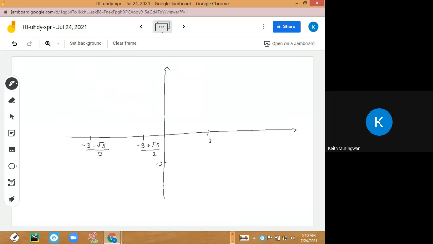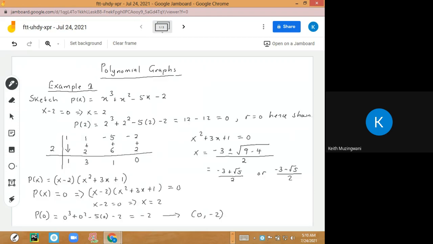So deliberately let's try 1 and see what the function will give us. So P of 1 is 1 plus 1 minus 5 minus 2, giving us negative 5. We want to compare this number to the y-intercept, which is negative 2.